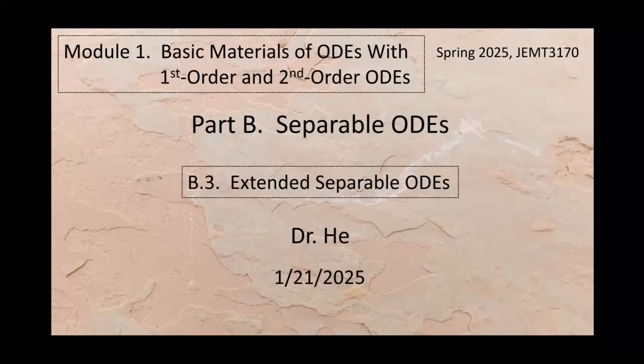All right. So let's look at the problem: reduction to separable forms. First, let's look at our usual separable forms. To get a separable ODE, usually we need to write our ODE in this form.